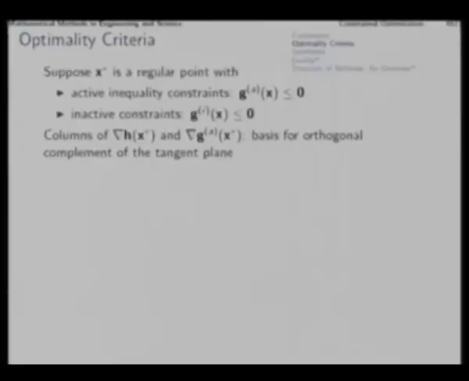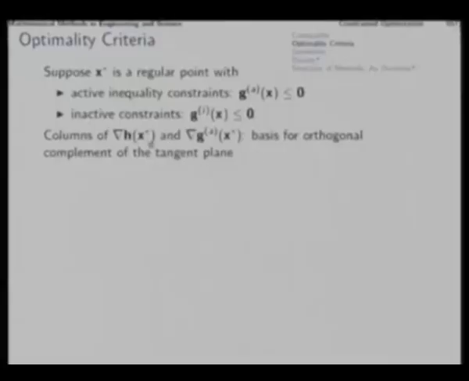So, therefore, these columns together give us a basis for the orthogonal complement of the tangent plane. If the tangent plane is this, then the subspace which is orthogonal to it and completes the Rn full vector space is the orthogonal complement of the tangent plane, for which these gradient vectors together offer a basis.